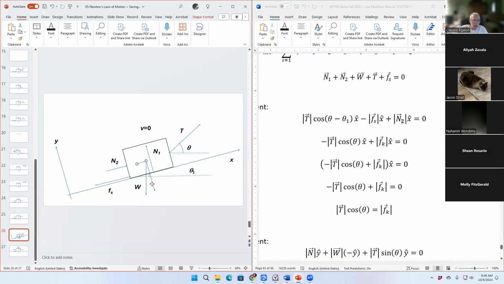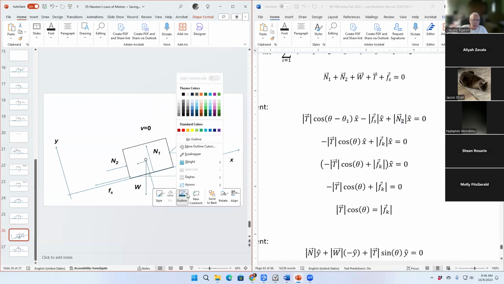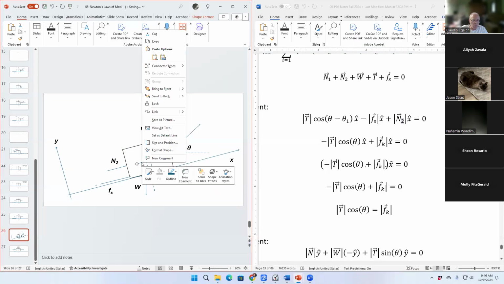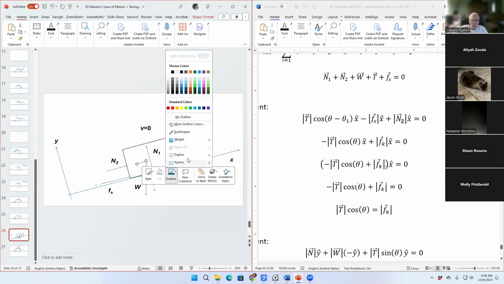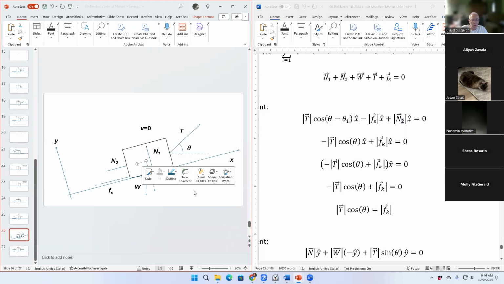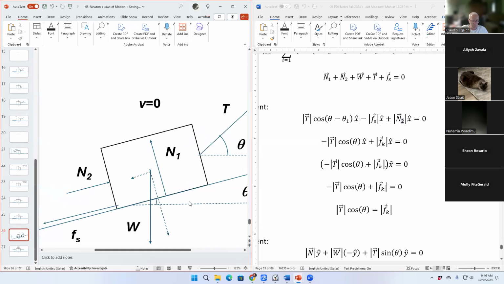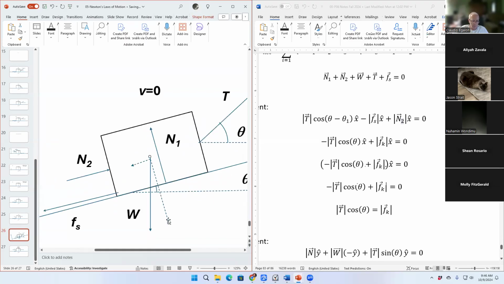I'm going to dash all those things so you have the proper picture of those components. Okay?